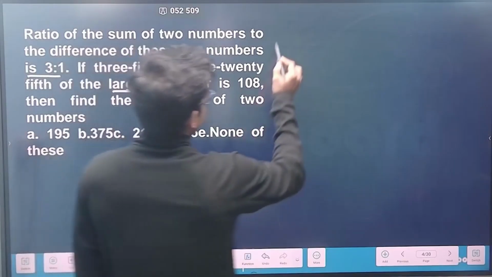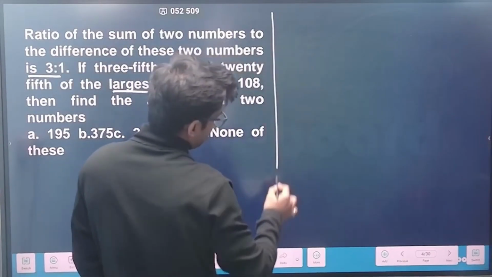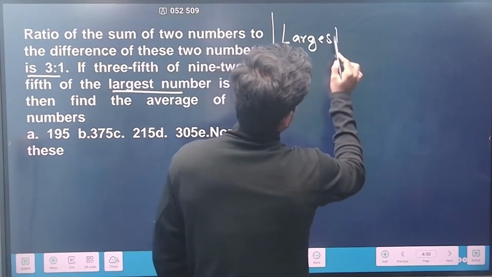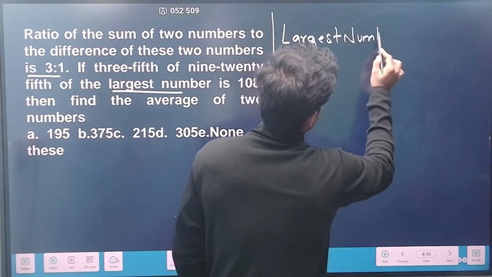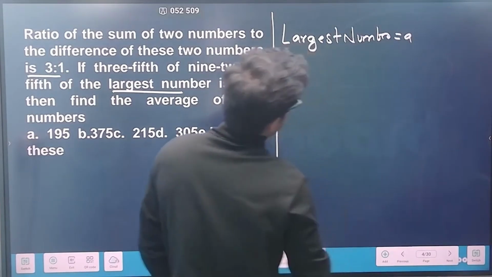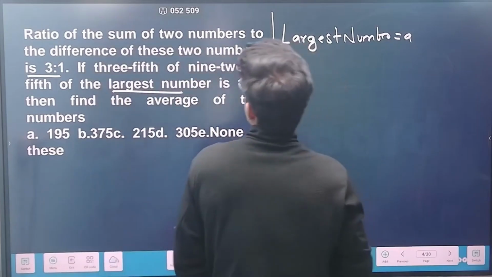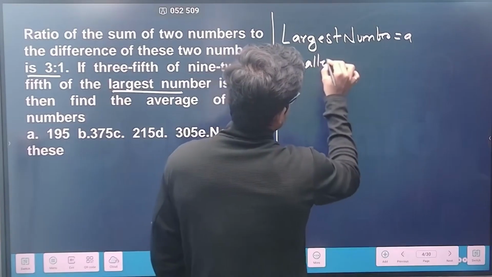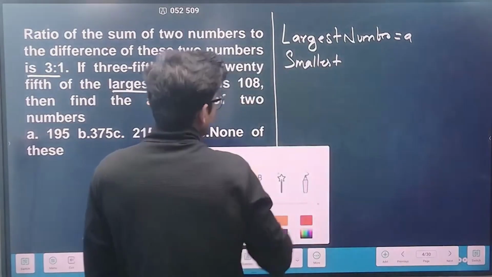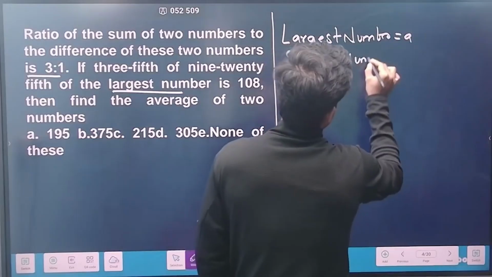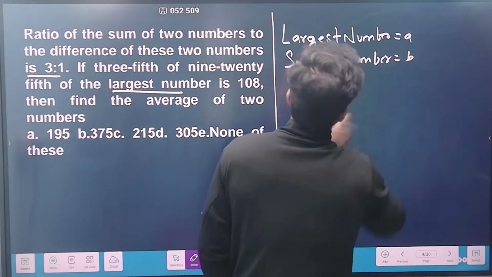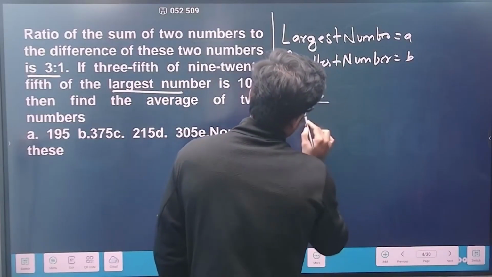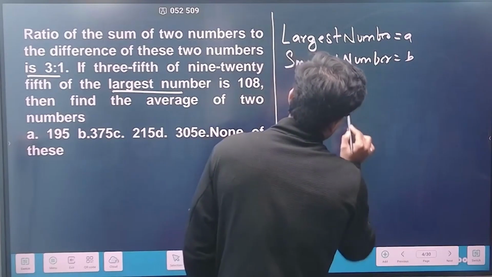Now let us assume that my largest number is A. Then my smallest number would be B. From the first condition, the sum of the two numbers over the difference, (A plus B) divided by (A minus B), is given as 3:1.